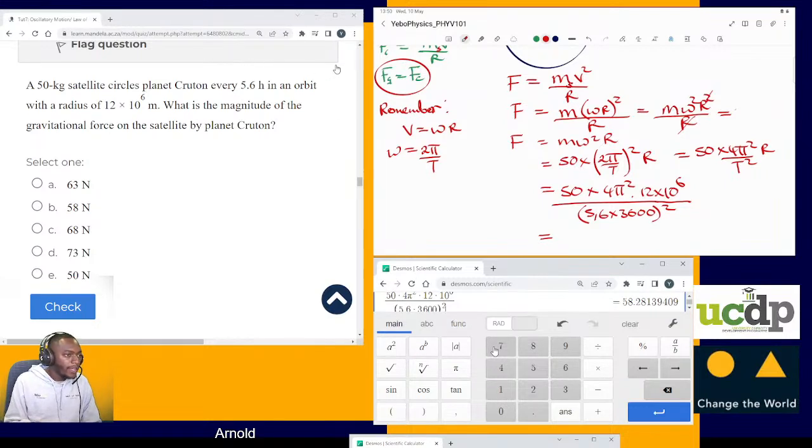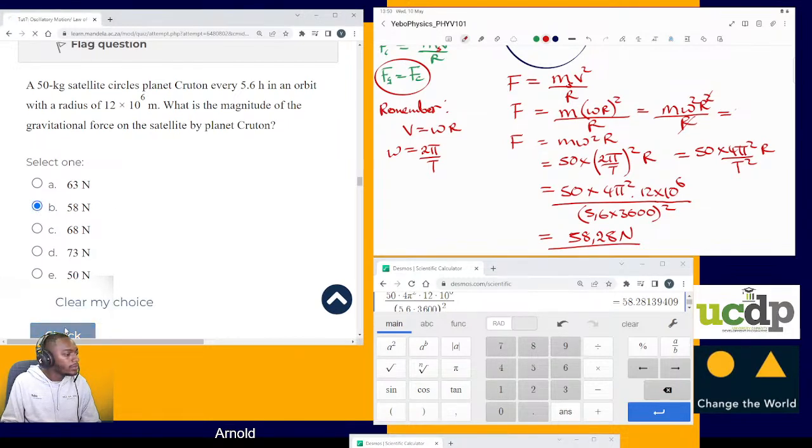We get 58.2328. Right, so that is what I'm getting there. Check. So indeed, that is what we are looking for.